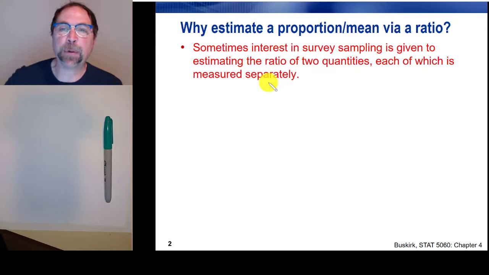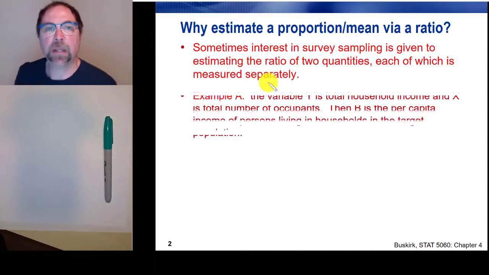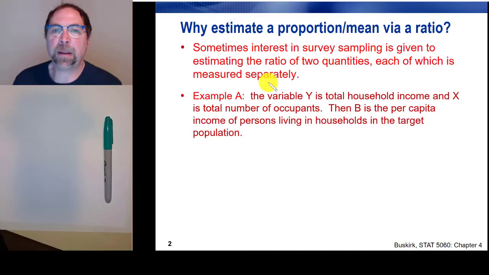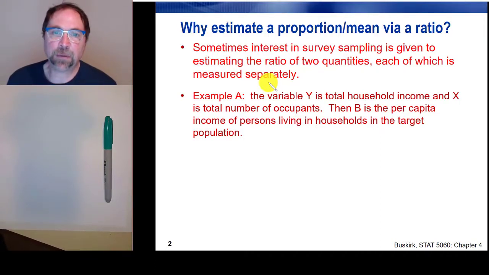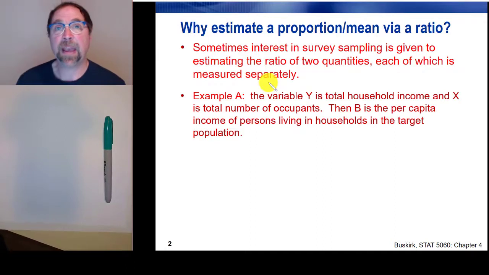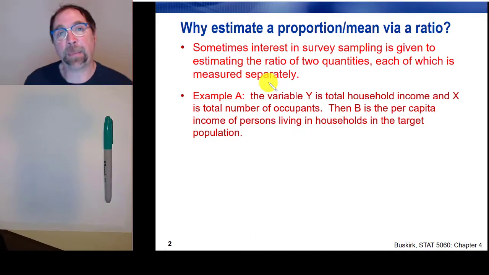For example, if the variable y was the household income and the variable x was the number of occupants, and you took the ratio of y to x, you would essentially be calculating what economists say is the per capita income. It's the total household income divided by the total number of occupants, over the entire population.